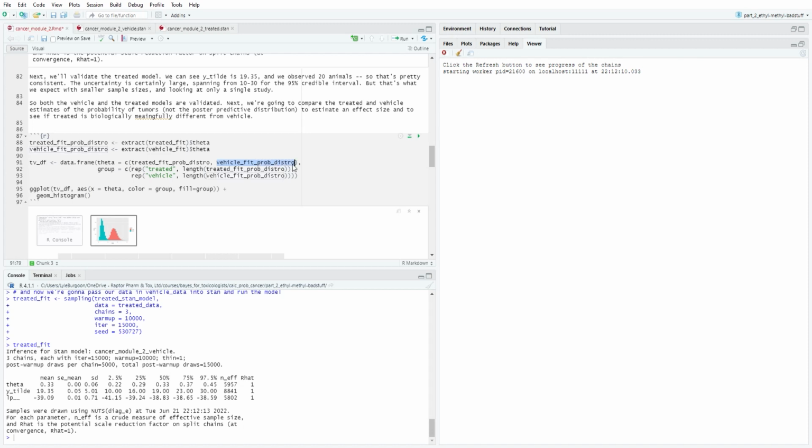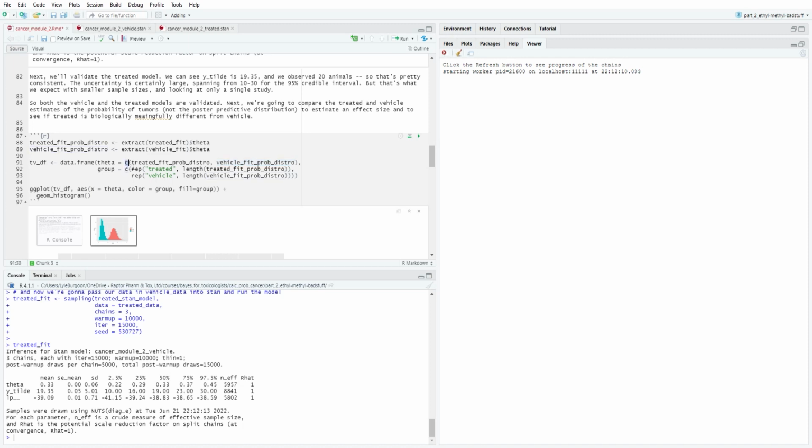So if you were to look at this table as a whole, you would see 2 columns, theta and group. The first X many rows are going to be the treated fit prob distro data. And then the next set of rows below that is going to be vehicle fit prob distro.